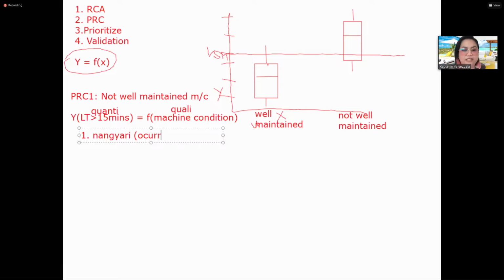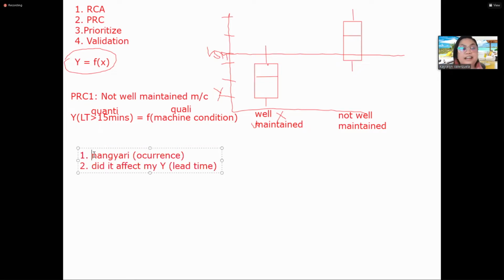And you want to prove, did it affect my Y or yung lead time in our case? So yung dalawang yan, kailangan mong i-prove. If your answer is yes, dun sa dalawang question na yan, then it's valid. Okay?